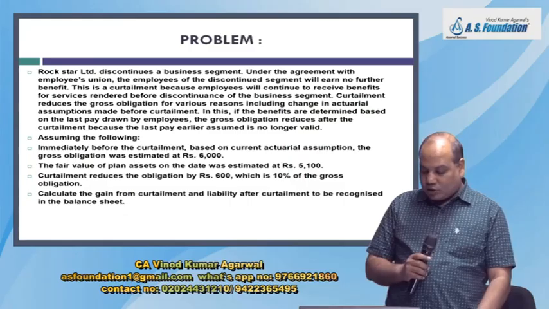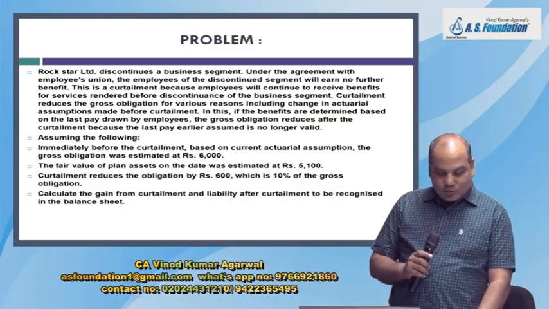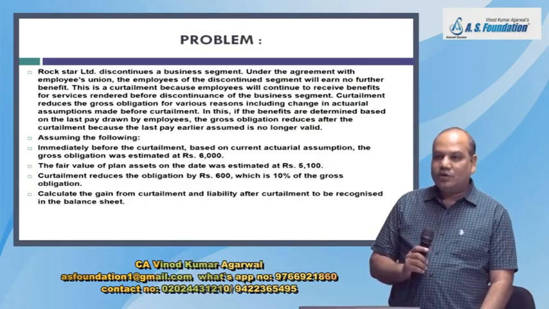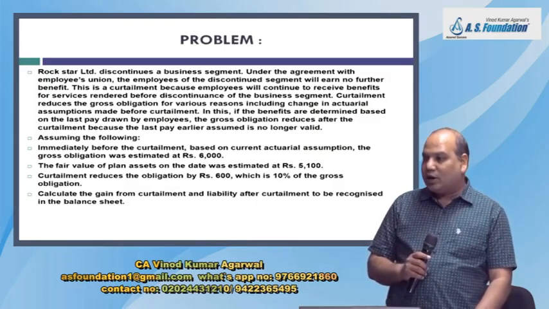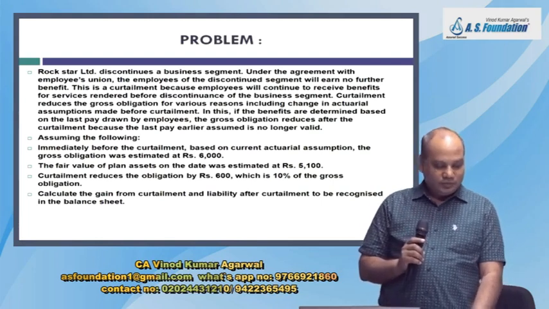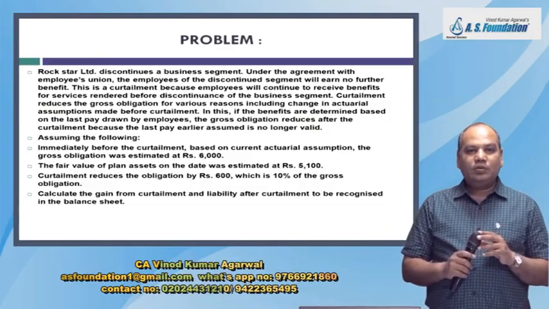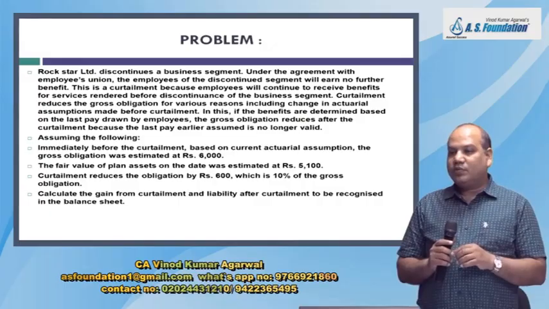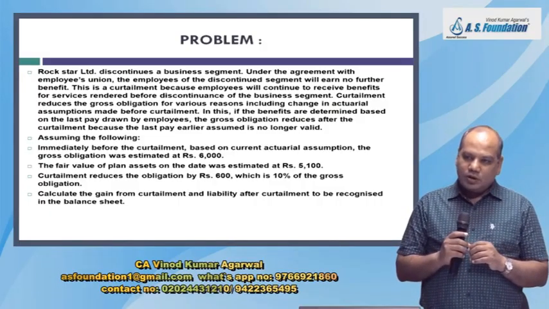Then write down gross liability after curtailment. Gross obligation after curtailment 6,000 minus 600, 5,400. Then write down net liability after curtailment. Net liability after curtailment 5,400 minus 5,100 equal to 300.